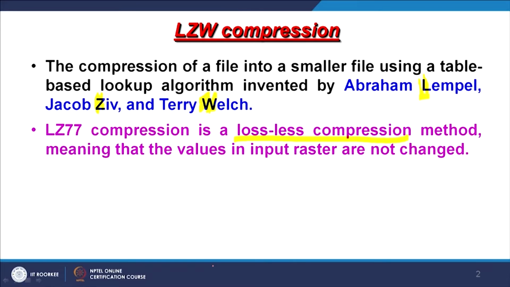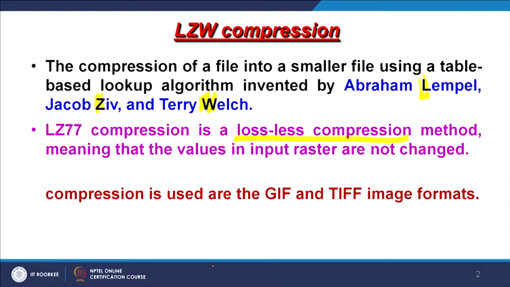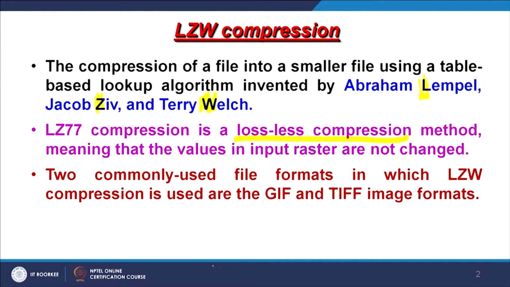That is why it is very popular. Two commonly used file formats on which you can apply this compression technique are GIF, graphic interchange format, and TIFF, tagged image file format. So, in these 2 image formats you can use the LZW technique.